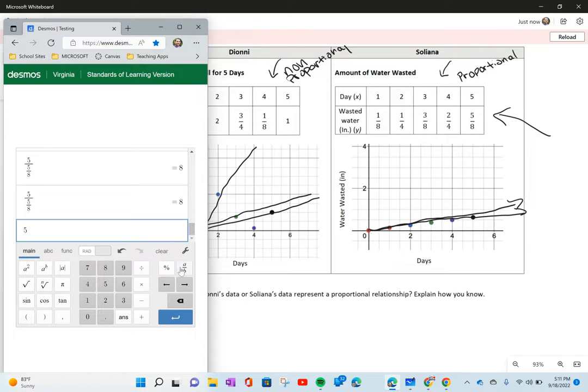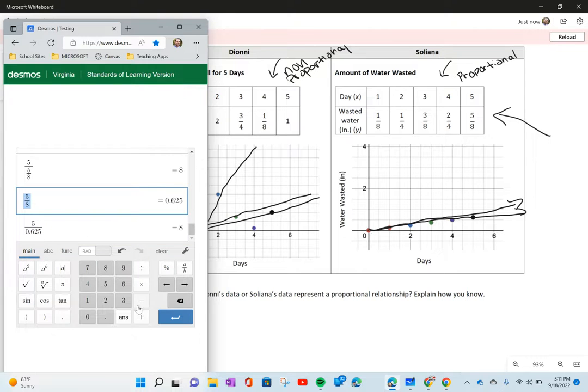Or you could convert your fraction to a decimal and say 5/8 is equal to 0.625. So if you know that, you could do 5 divided by 0.625 and get the same answer. This and this are equivalent.